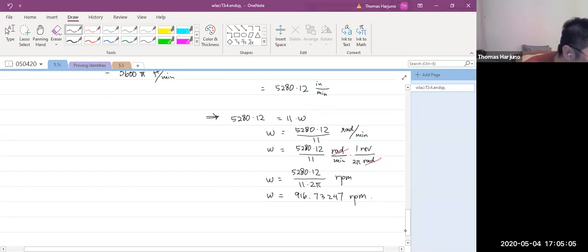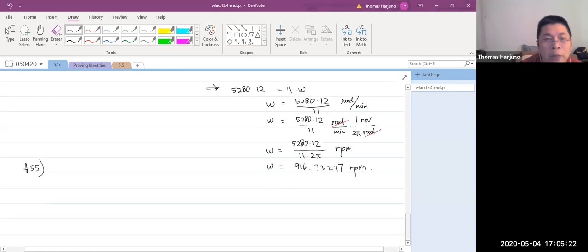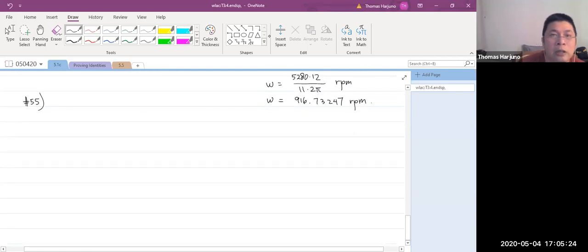If you have a chance, you may want to take a look at, for example, number 55. It has this situation here, one of the big uses of why we learn this. We have, let's say, a wheel.